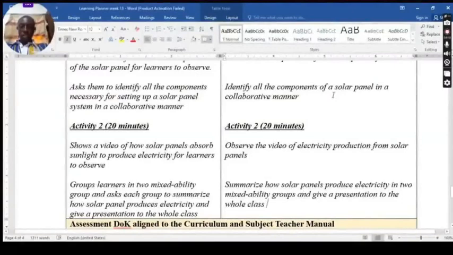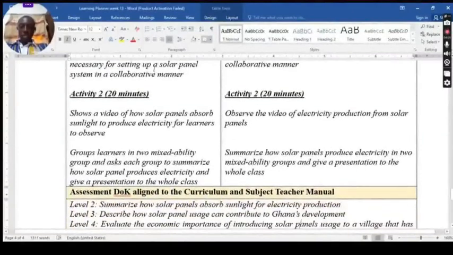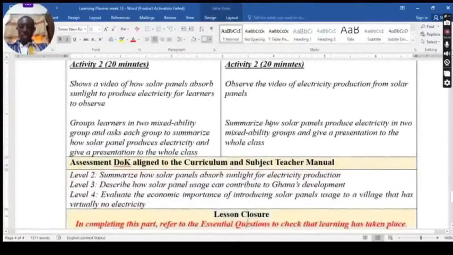Then that is activity 1, activity 2. So the teacher will show learners the solar panel, shows a video of how solar panels absorb sunlight to produce electricity for learners to observe. So this is a video, shows them a video of how solar panels convert light into electricity.